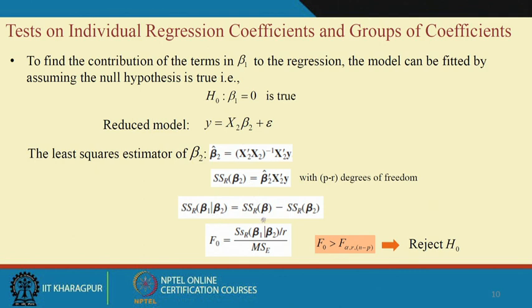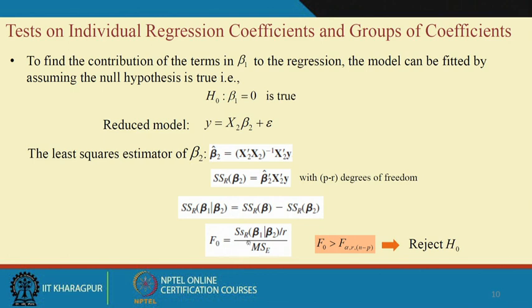This will be the full SSR minus the SSR explained by this reduced model. So, SSR of beta minus SSR of beta 2. If this one is significant, then we will reject H0, that beta 1 equal to 0 will be rejected.